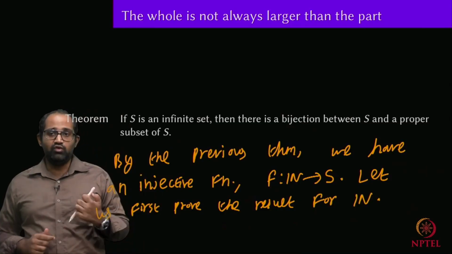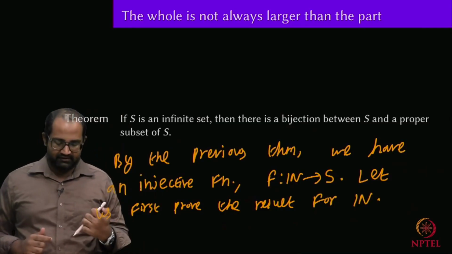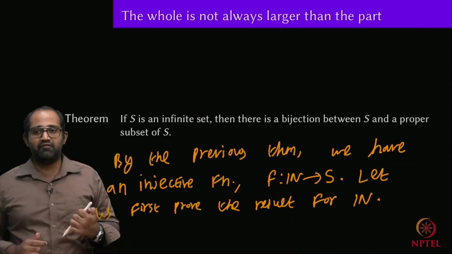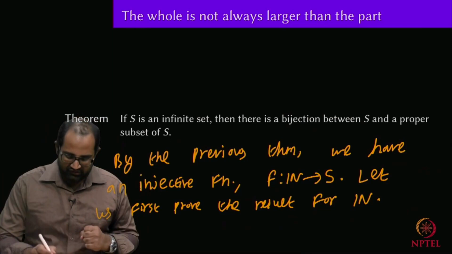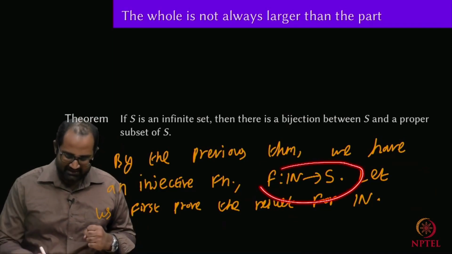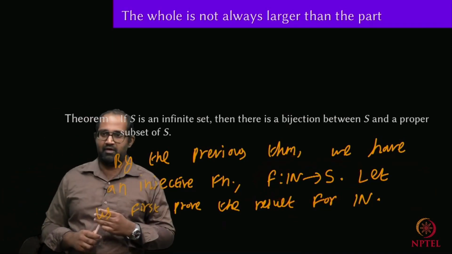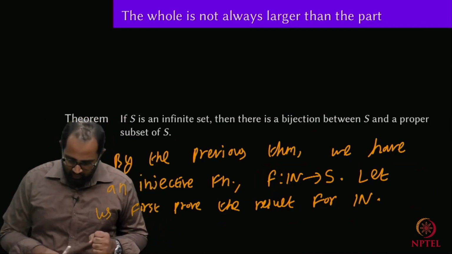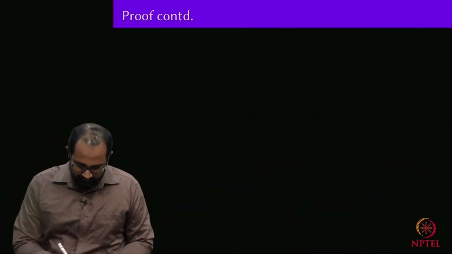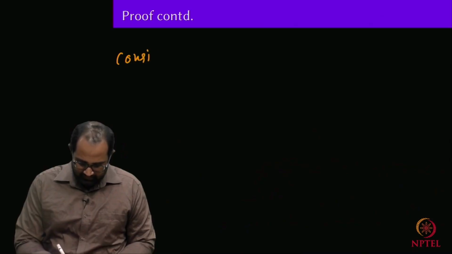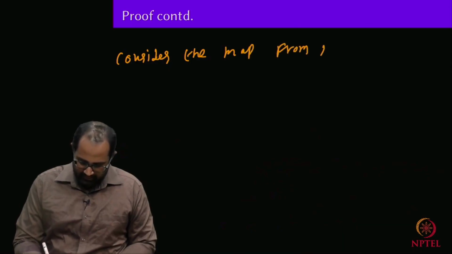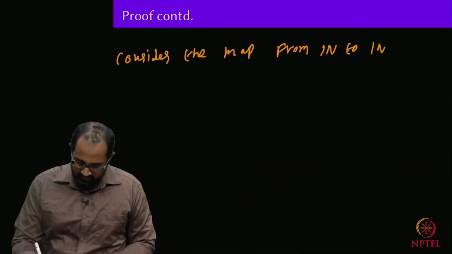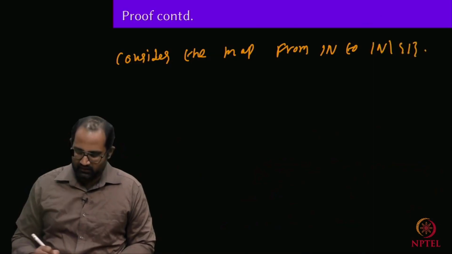We are going to reduce proving this result for an arbitrary set S to proving it for the natural numbers. The reason we can do this reduction is because we have an injection f from N to S. Now consider the map from N to N minus the set with 1.